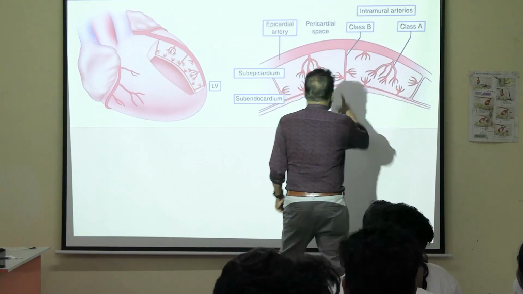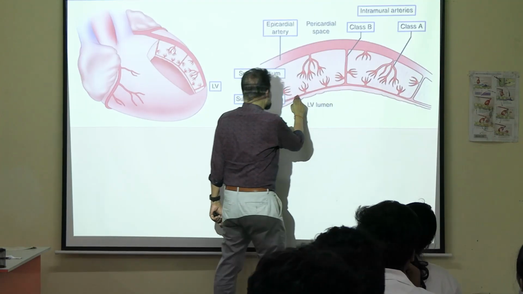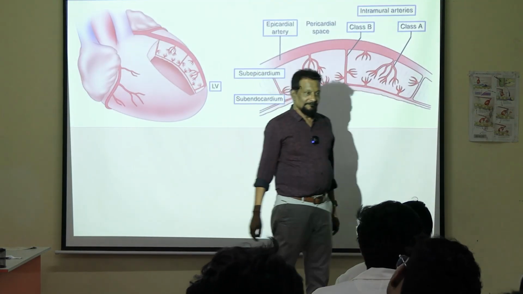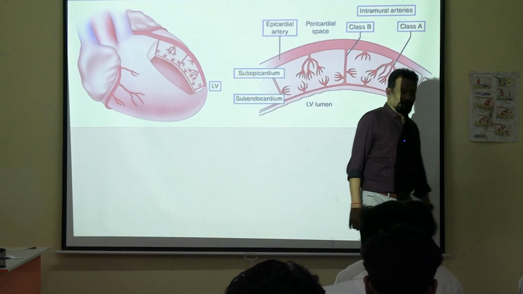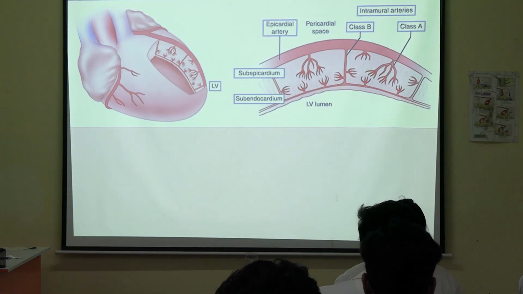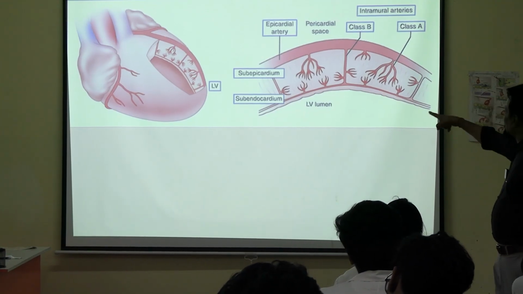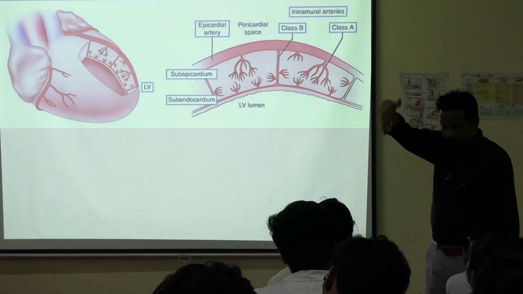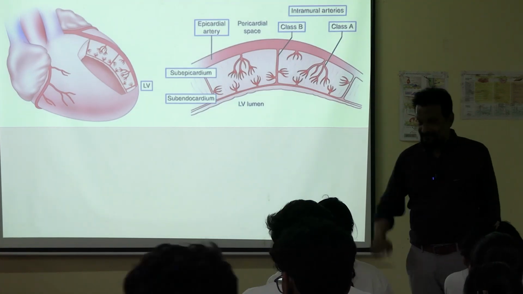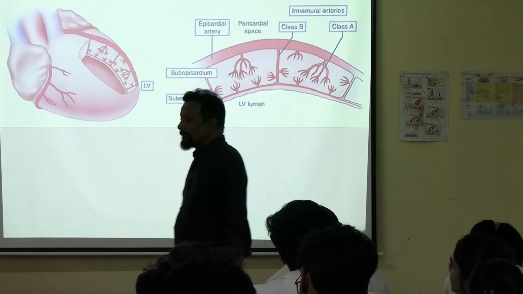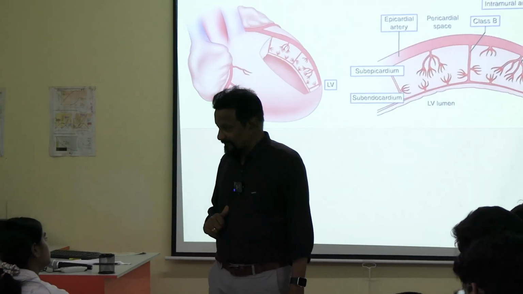Now you can see these branches are joining. A number of vessels are joined together. These are called plexus. These arteries going to the inside, in the subendocardial region, produce a plexus. Plexus means aggregation of some blood vessels.